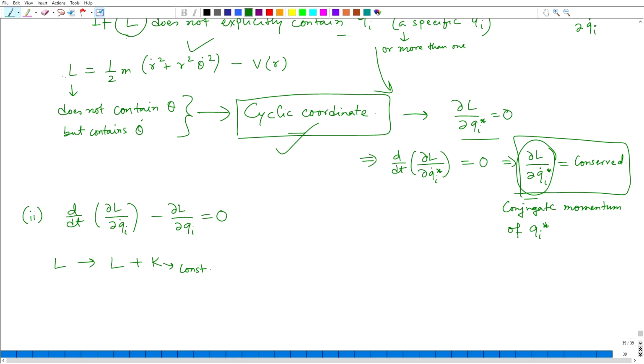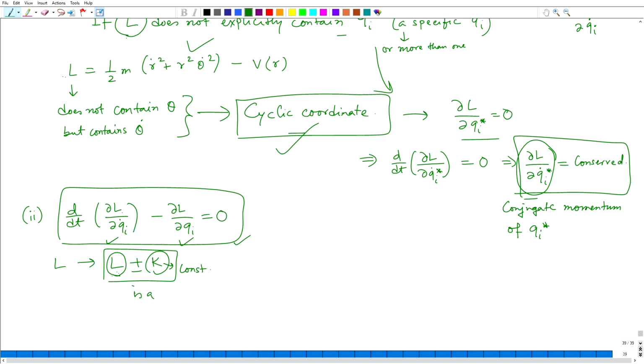Is it also a valid Lagrangian for the system? Yes, because if you see carefully this equation, any constant added or subtracted from the original Lagrangian also satisfies this Euler-Lagrange equation, because the Euler-Lagrange equation just involves the derivatives of the Lagrangian. That is why if L is a Lagrangian, then L plus or minus k is also a valid Lagrangian.